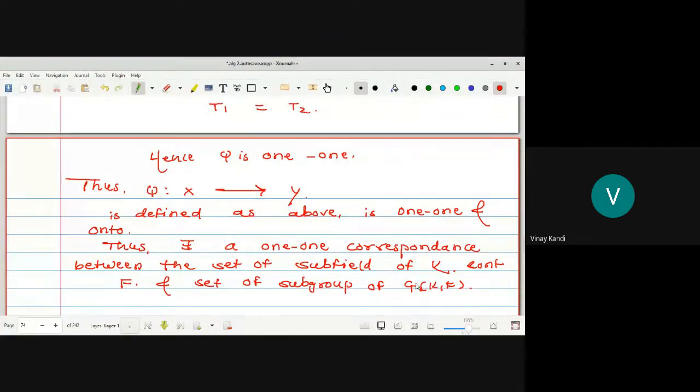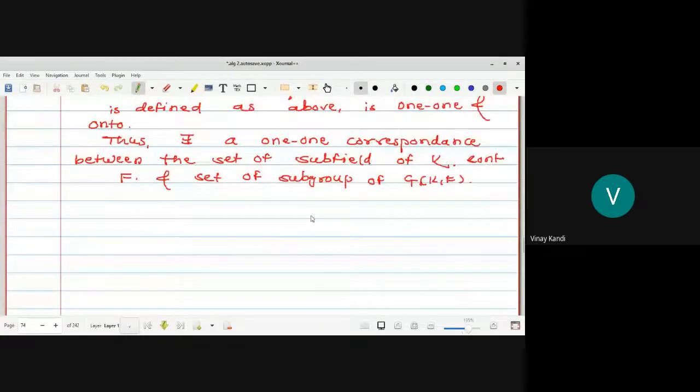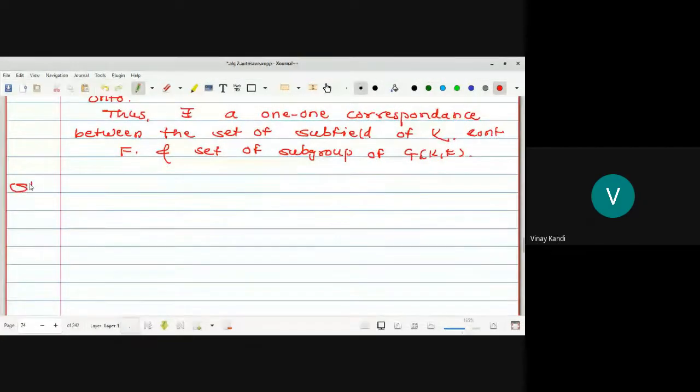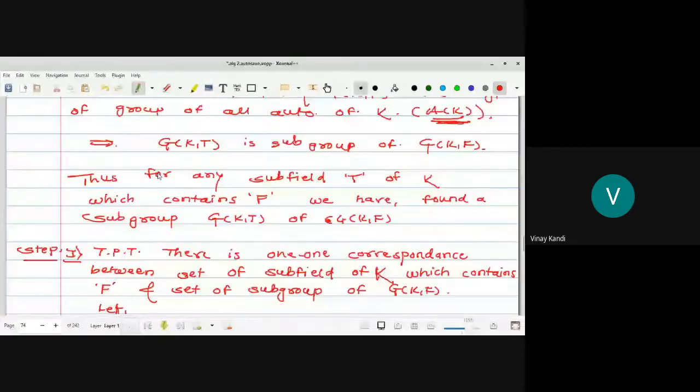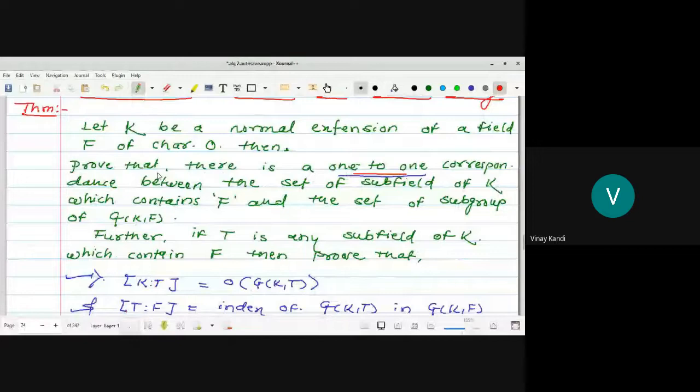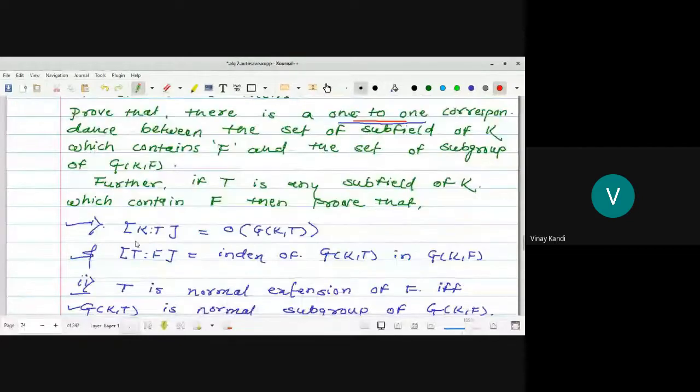Okay, now step number 2. To prove that, look at here, step number 2. Theorem: dimension of K over T is equal to the order of G(K,T), and dimension of T over F is equal to the index of G(K,T) in G(K,F).